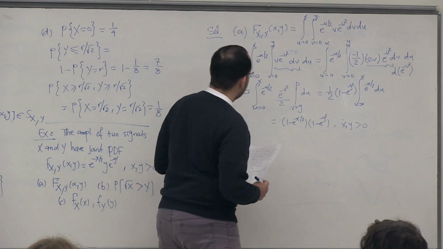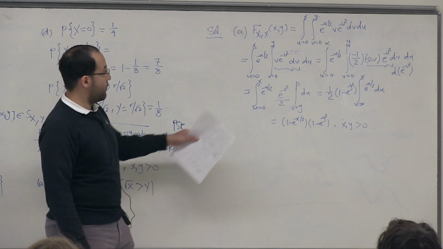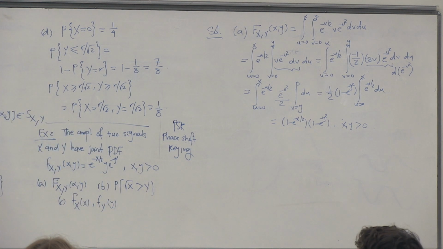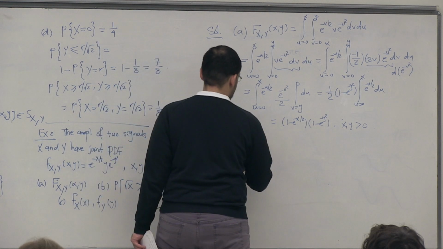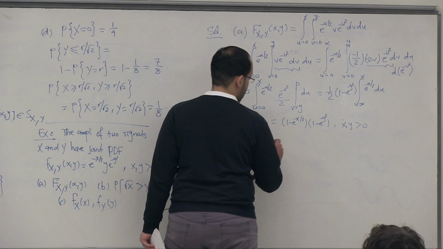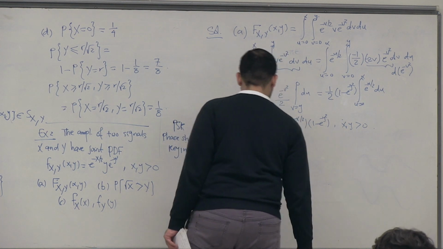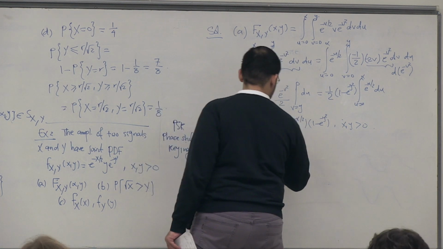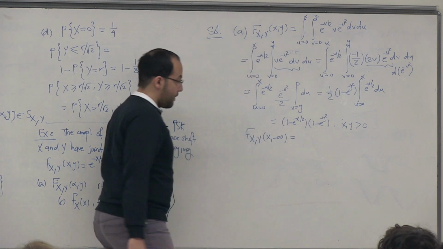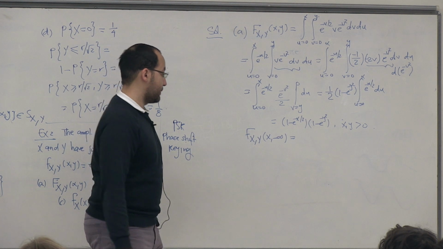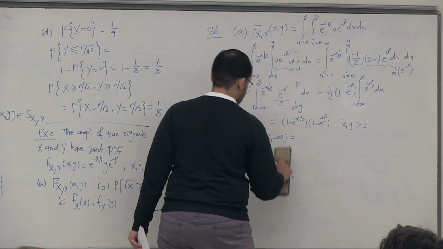All right. We got some CDF. We want to check it. So let's substitute some CDF properties. F_XY(x, minus infinity) is supposed to be 0. Or let's do the other way around.